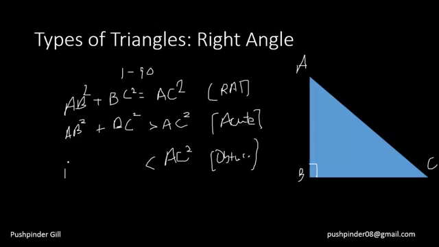So actually the right angle triangle strikes a right balance between the two smaller sides and the greater side. So this is all about these three different types of triangles when we measure them in terms of their sides or their angles.